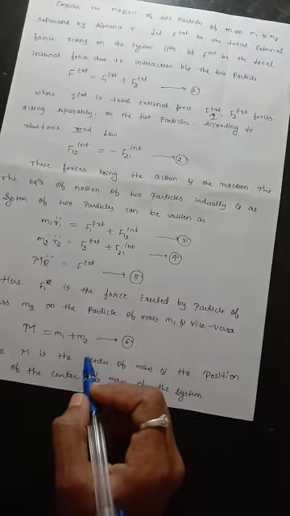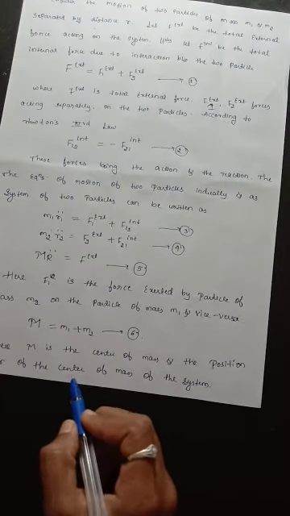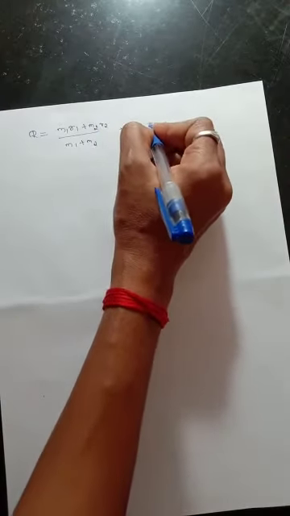Capital M is M1 plus M2, and capital R is the position vector of the center of mass of the system, where capital R equals m1 r1 plus m2 r2 divided by m1 plus m2. Consider this as expression 7.